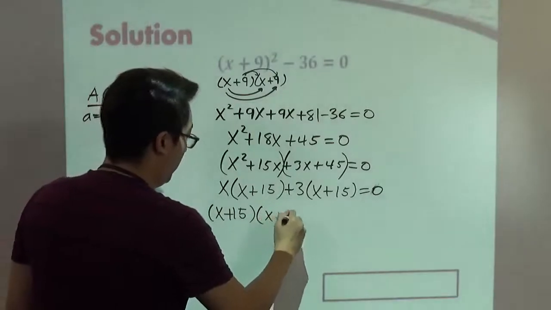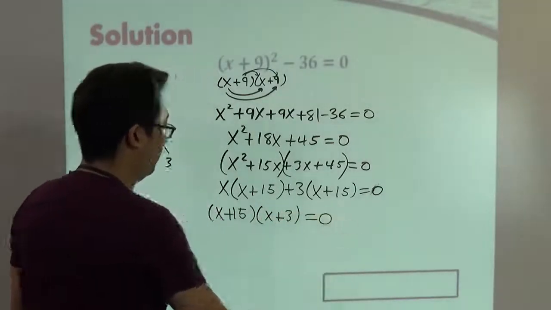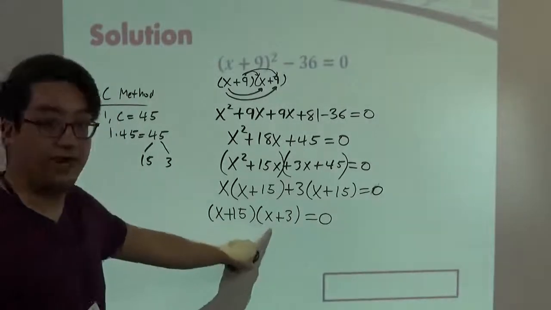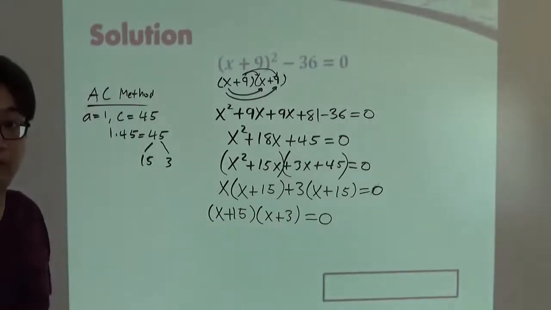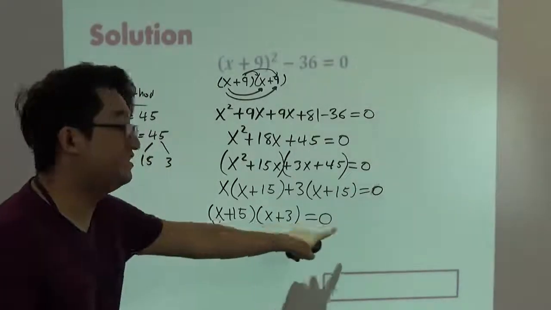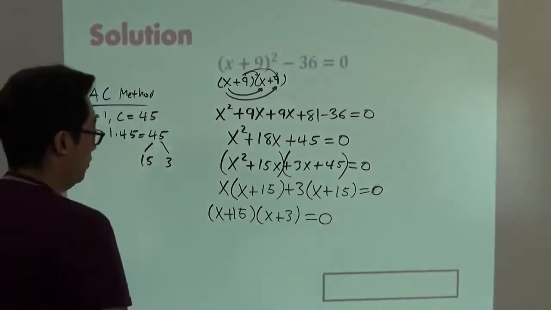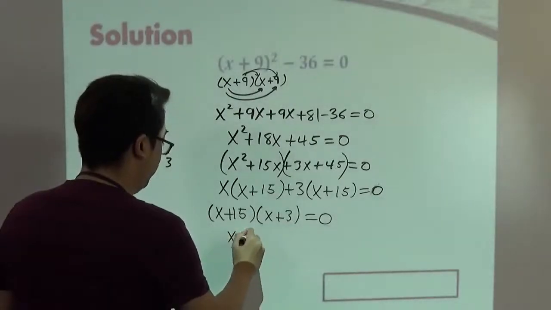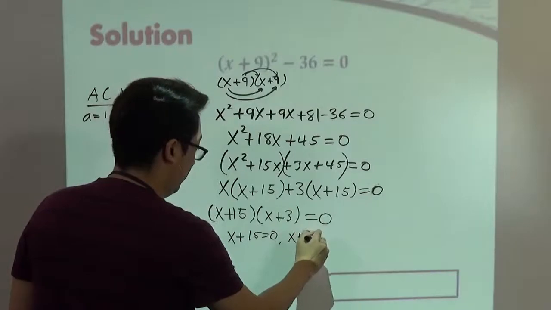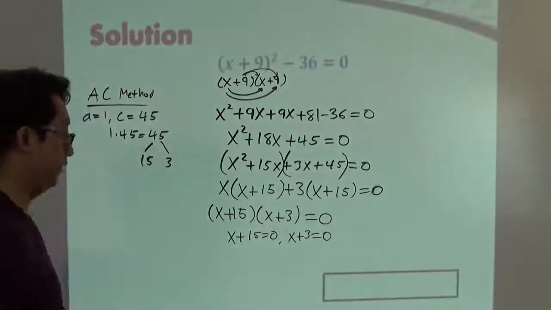So far, all we've been doing is factoring, just like we did in the last couple of questions. Now the last step is, now that we have it in factored form, and in order to solve a quadratic equation it needs to be in factored form, I just set them separately equal to 0. So x plus 15 equals 0, and x plus 3 equals 0. And I solve for x for both of them.